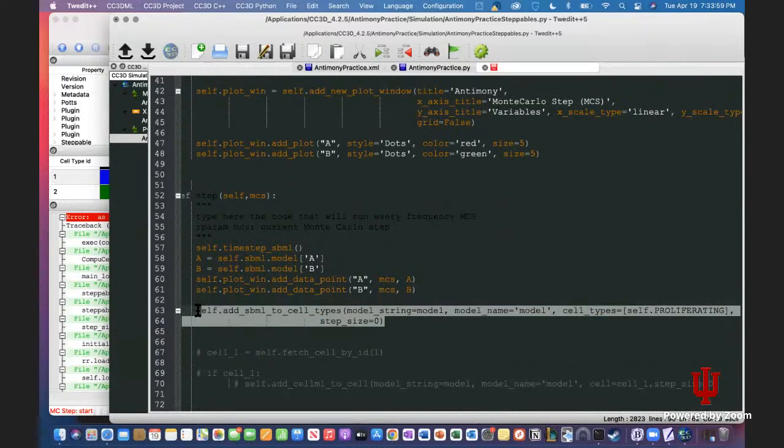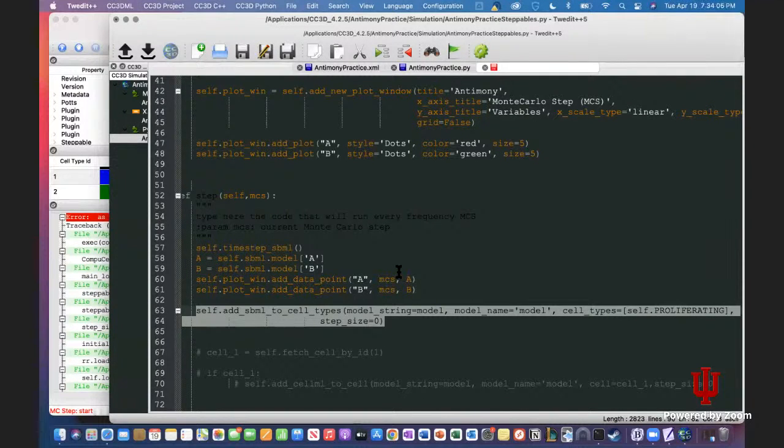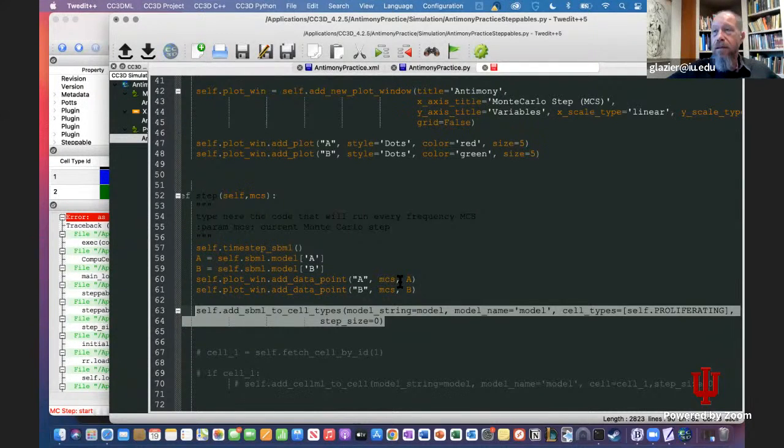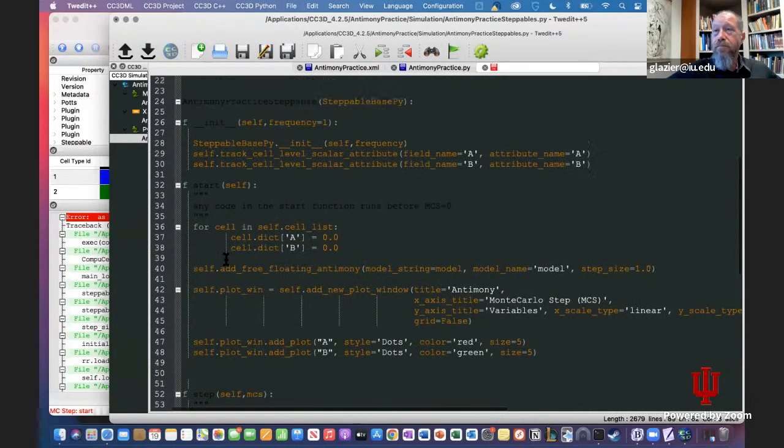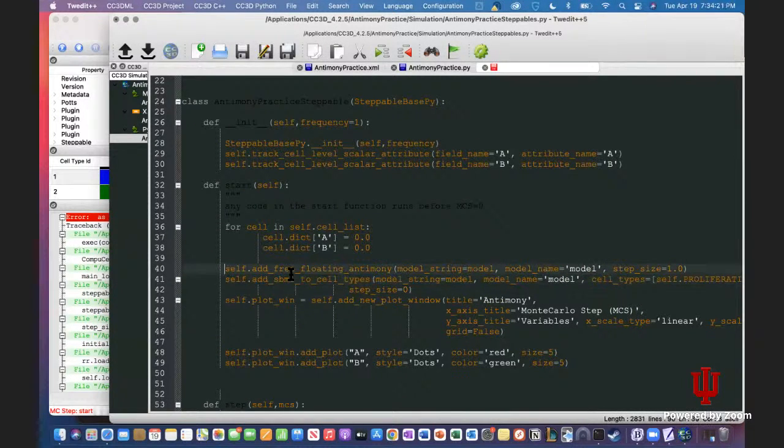You can't load the same model twice on the same cell. So take this out and put it up in the start function. And then comment this one out.